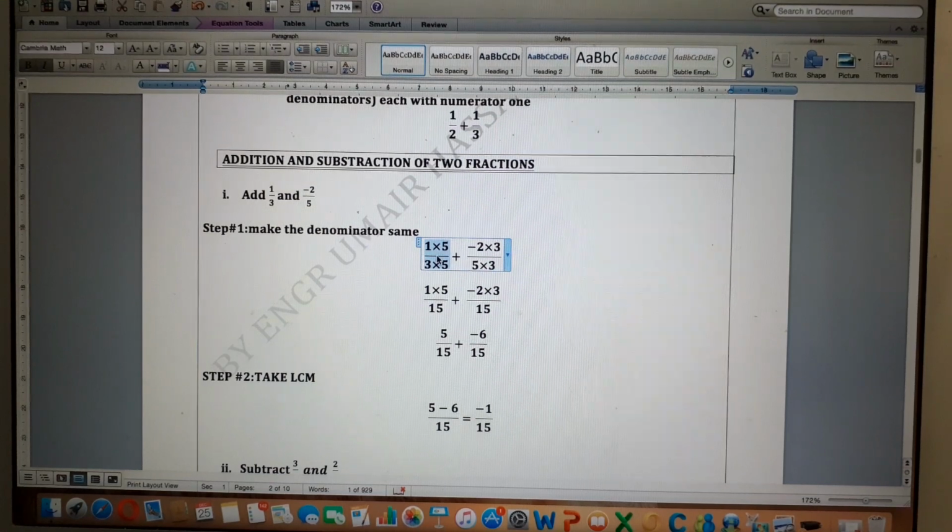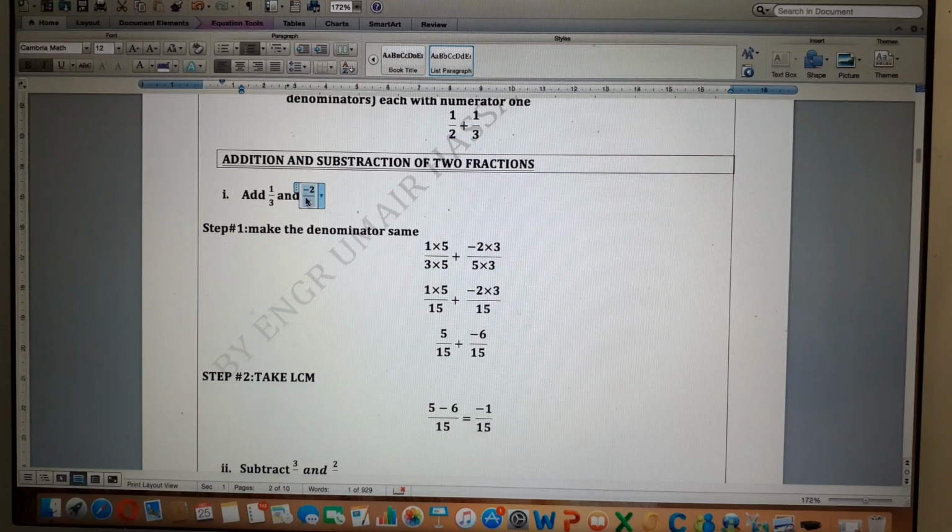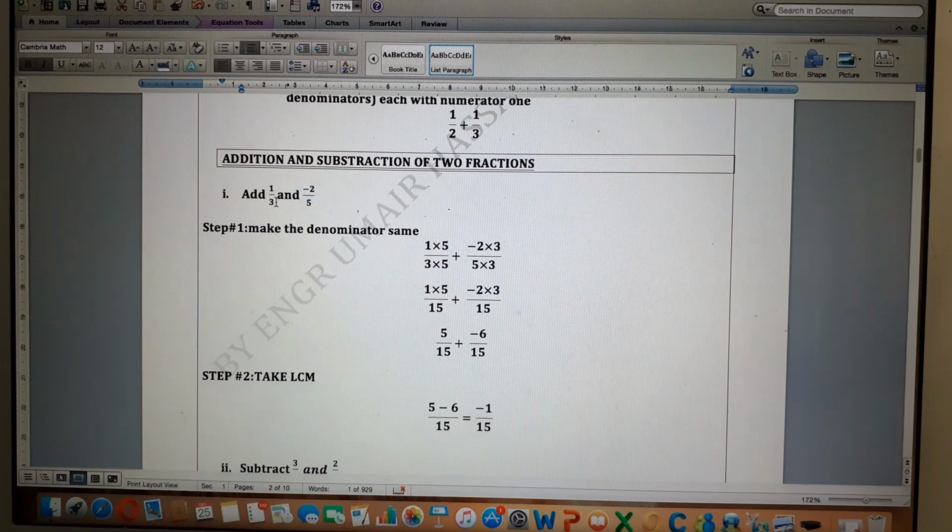I have multiplied 5 with 1 and 5 with 3. 5 was the denominator of this fraction, and I have multiplied it with the numerator as well as the denominator of the other fraction, like here.